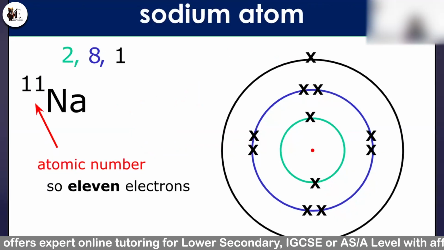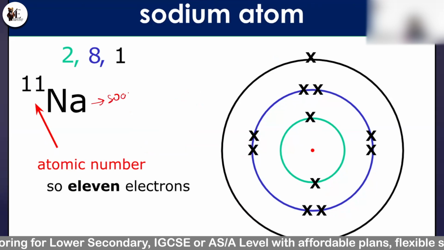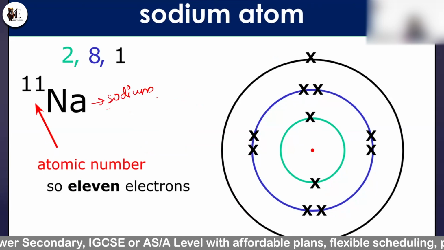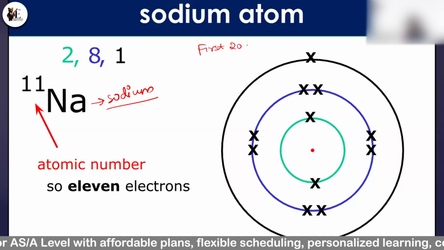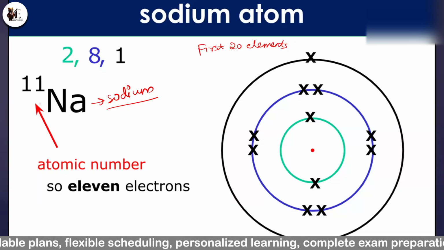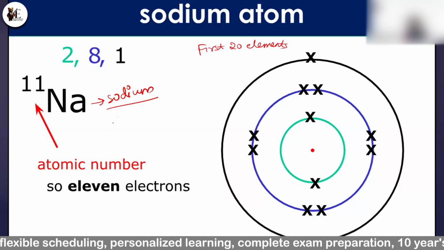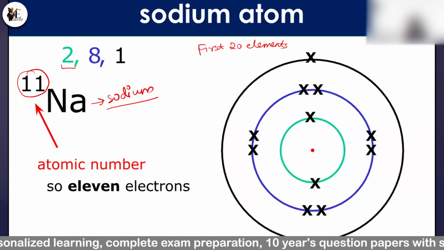If I ask you to write down the electronic configuration for sodium, Na is sodium. So please remember the names of the first 20 elements. This is your homework. You have to remember the names of the first 20 elements from the periodic table. So it is your sodium. Its atomic number is 11. So what should be the electronic configuration? In the first shell, 2 electrons.